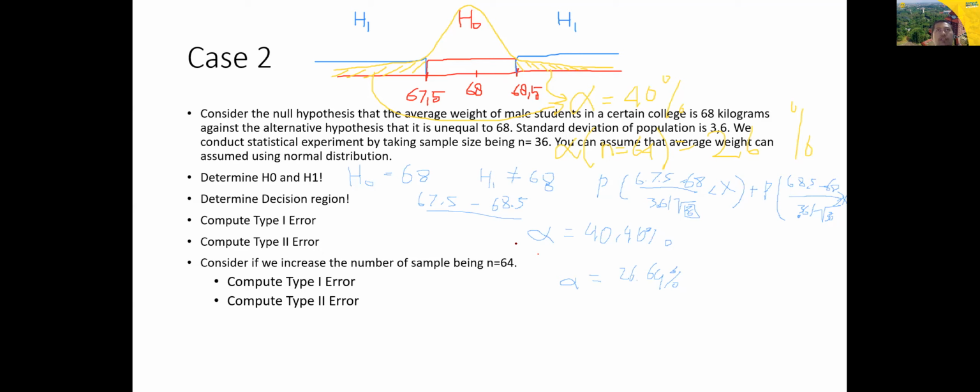So actually what happens when the sample size increases is the distribution is getting sharper here, something like this. So the area given this limit is getting smaller.